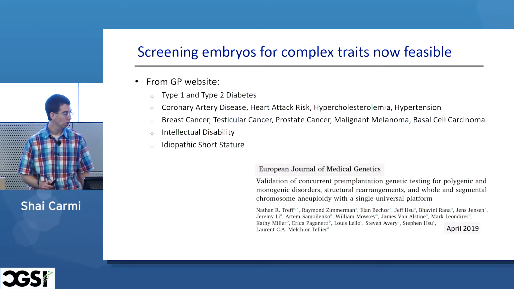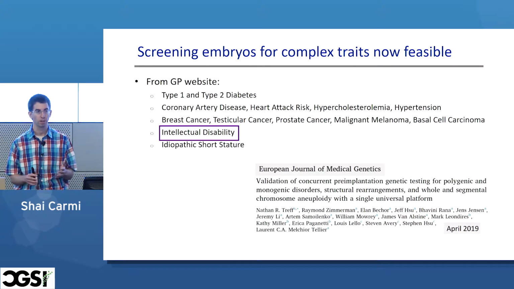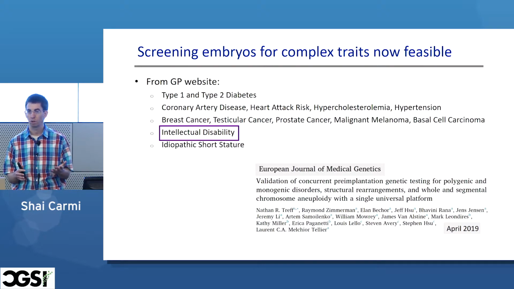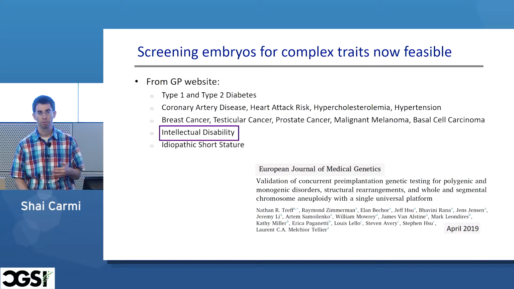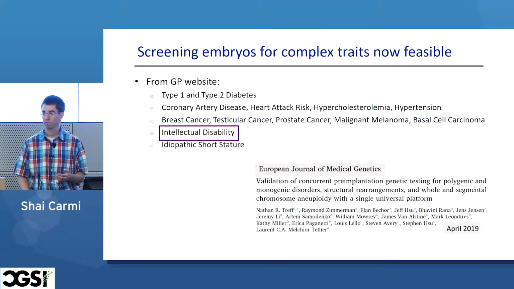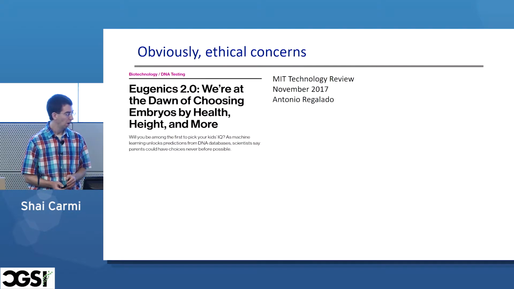But what is perhaps disturbing is that they are also testing for intellectual ability. You may be wondering, can we predict intellectual ability? What they're doing is computing a polygenic score for cognitive ability, for IQ, essentially intelligence, and then they're saying that they are going to report embryos that have a very low score for intelligence.